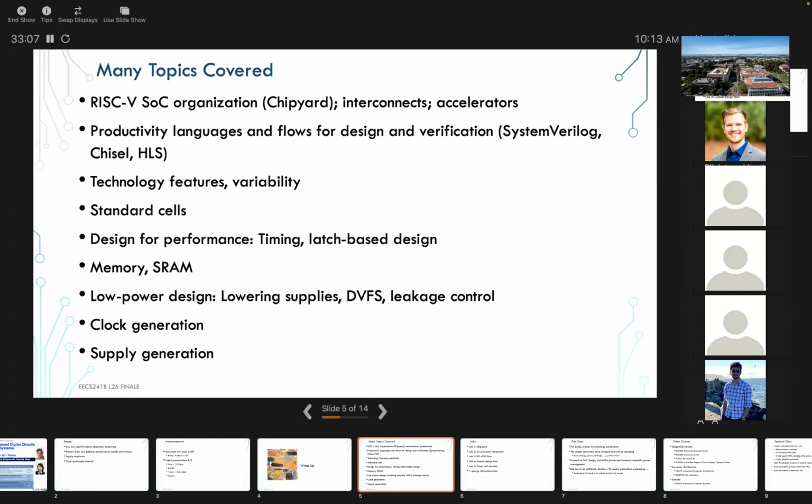We got a sense of other languages beyond plain old Verilog-2000. We've spent a couple of lectures on technology features, and then yet another lecture on variability. Technology features are really important to understand nowadays.